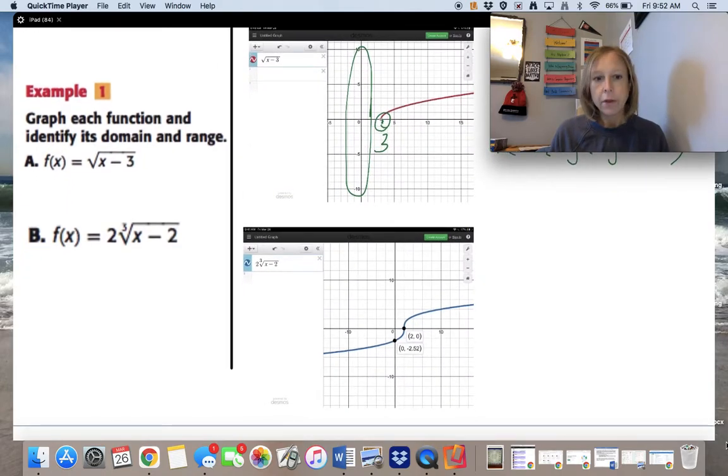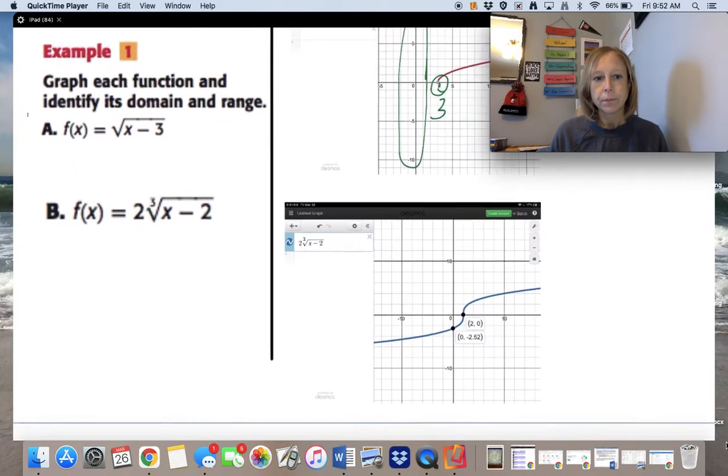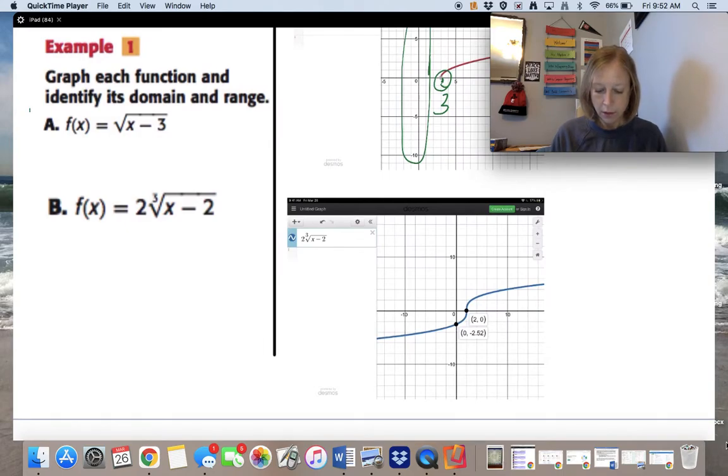Here's an example of a cube root function. This is 2 times the cube root of x minus 2. Let's take a look at some features here. We can see that there is an x-intercept of 2, and then we have a y-intercept that's an irrational number.